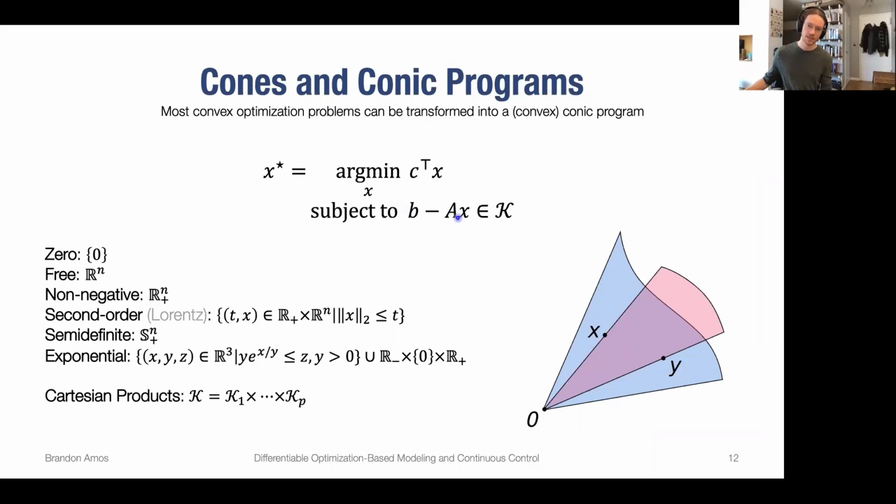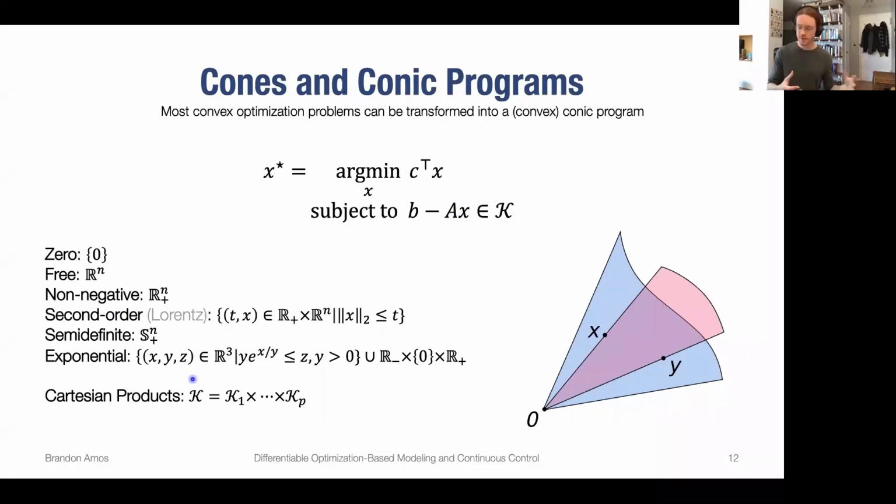And you have this constraint where this mapping lies within some convex cone, where the convex cones can be simple cones, like the mapping is just zero, or the free cone, or more complex cones like the second order cone, or semi-definite or exponential cones, and you can take Cartesian products of cones.